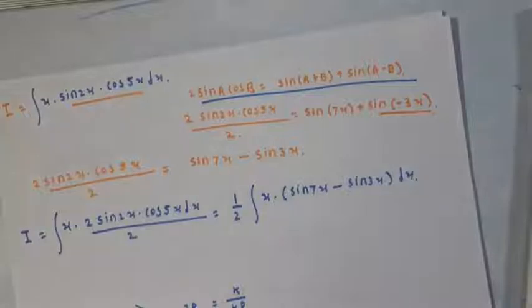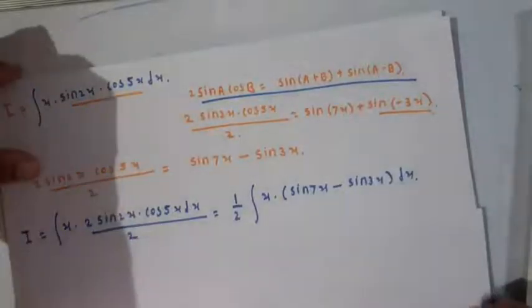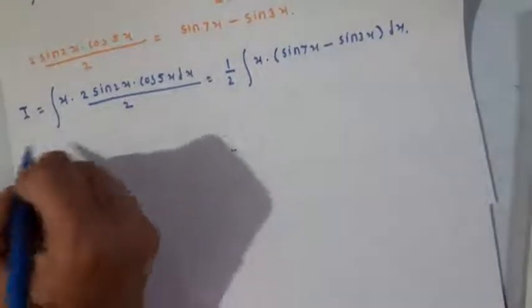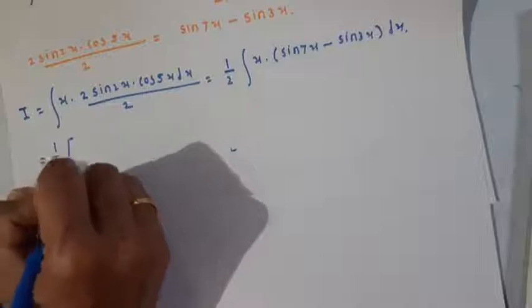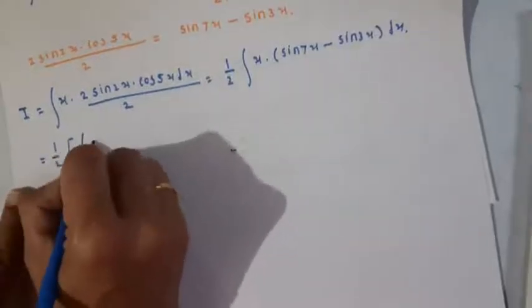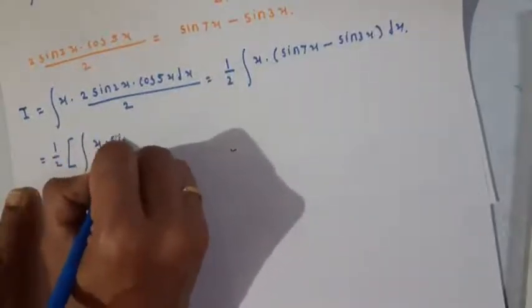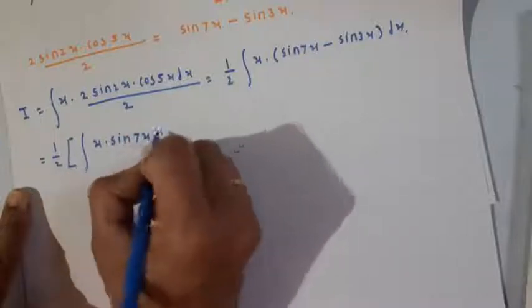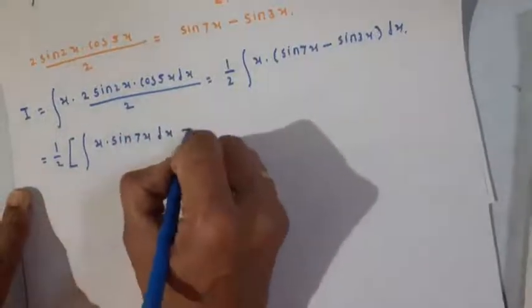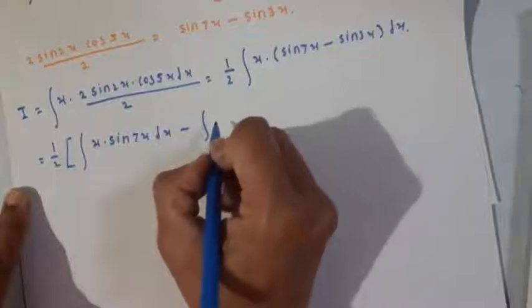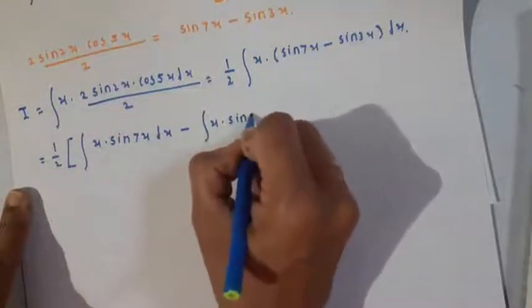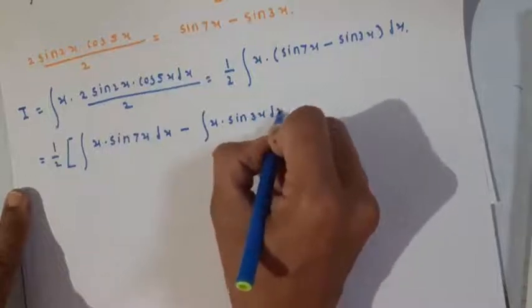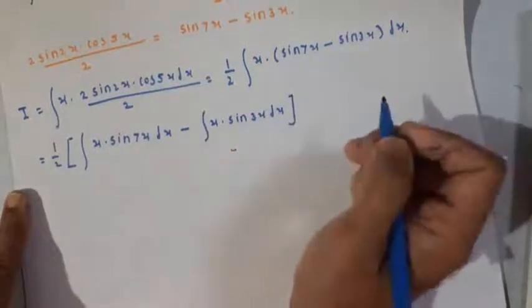Okay students, now let us solve this. This is equal to 1/2 as a constant, that is integration of x into sine of 7x with respect to x minus integration of x into sine of 3x with respect to x, and solve the integration.